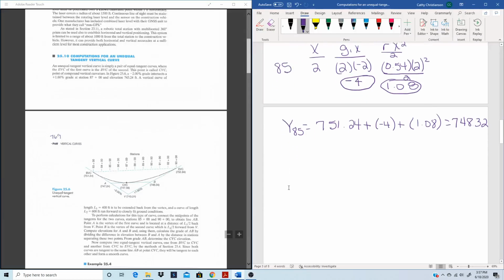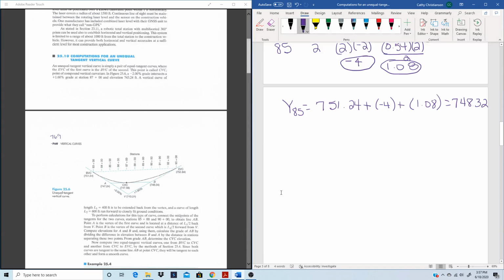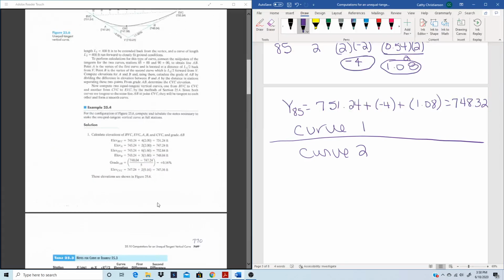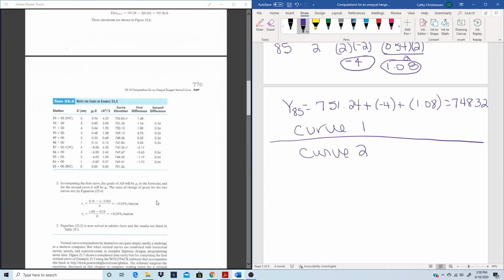So I'm going to write, this was all part of curve 1. Now we're going to start curve 2, and I'm going to use the same formulas and set it up, and I'm going to go to station 88 first. So our first thing is X. Remember, this is in stations.